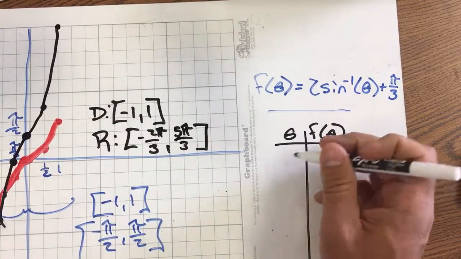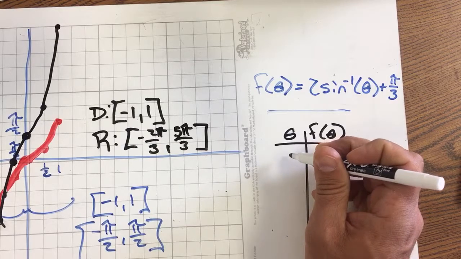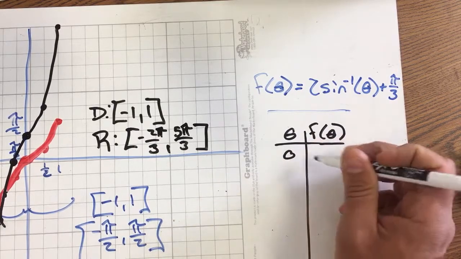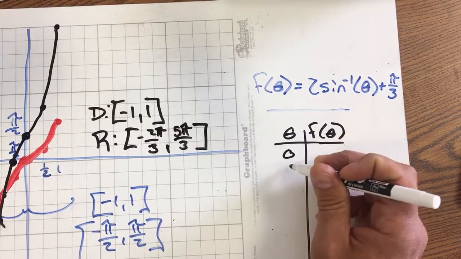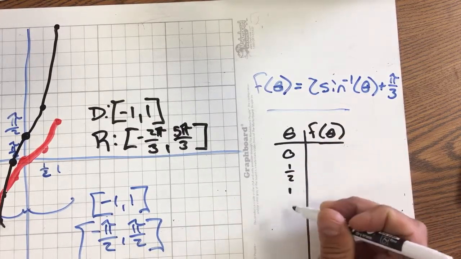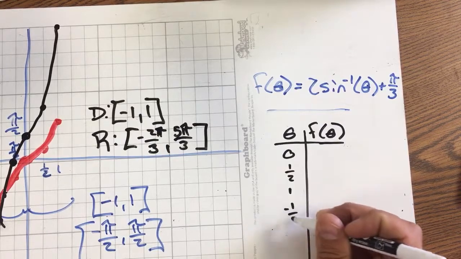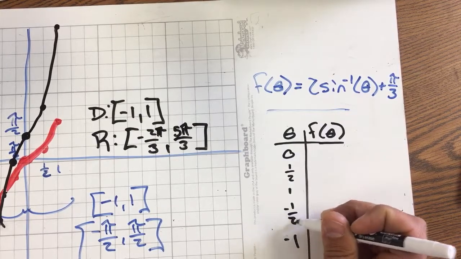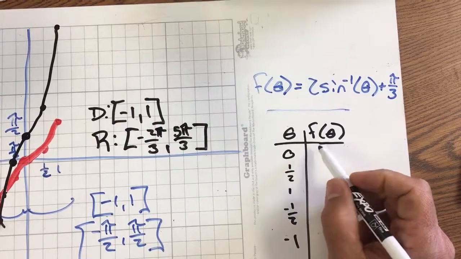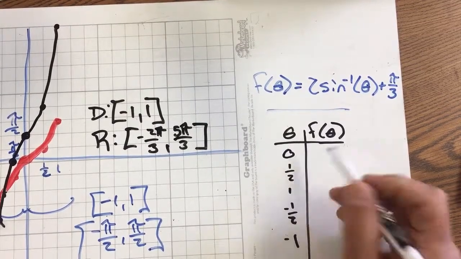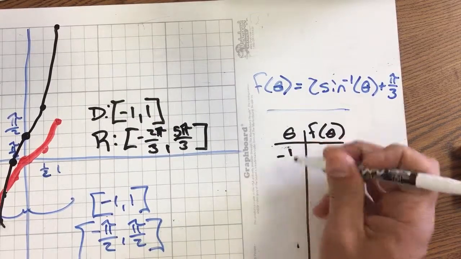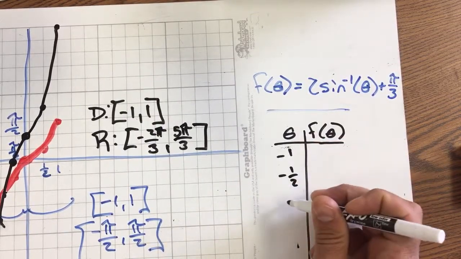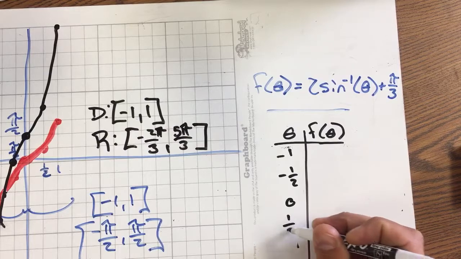The way that I would do it is we're going to go 0, 1/2, 1, negative 1/2, negative 1. And then our results would be, I shouldn't have done it in that order. I'm going to go from -1, negative 1/2, 0, 1/2, 1.